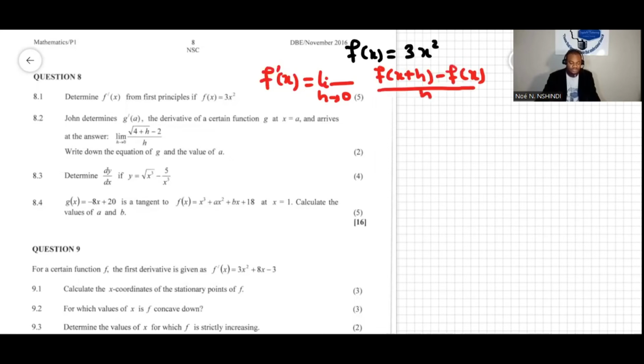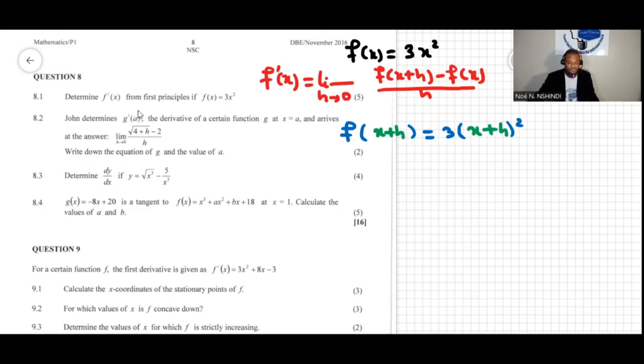So the first thing to do here is to write f of x plus h, meaning wherever I have x, I substitute x plus h. So this will be equal to 3x squared; instead of writing x here, I'll write x plus h.